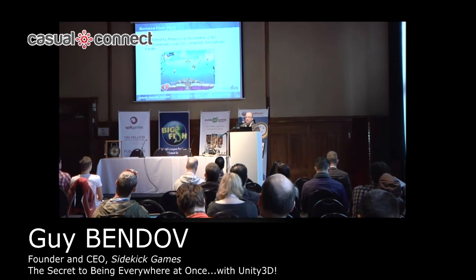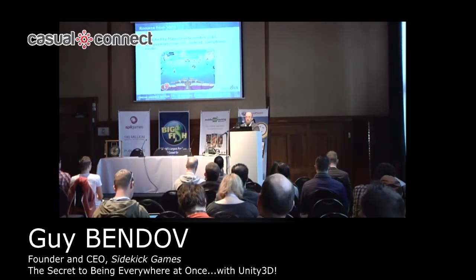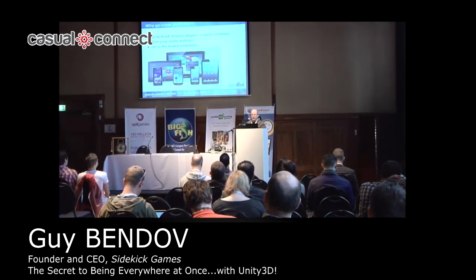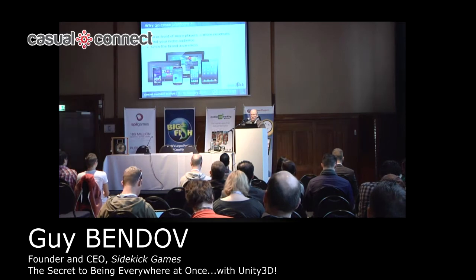It got a lot of downloads, a lot of interest from the platform makers, and it was developed with Unity. That was kind of our first go-to-market, and our big case for going cross-platform, practically going into 4 different platforms.